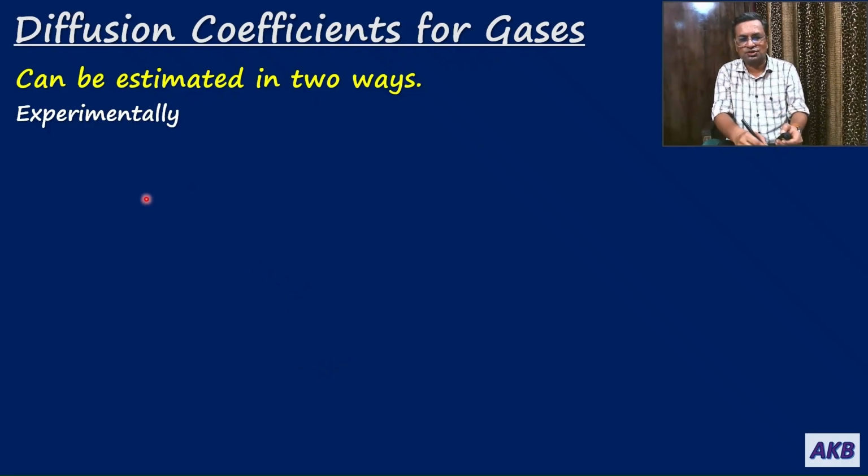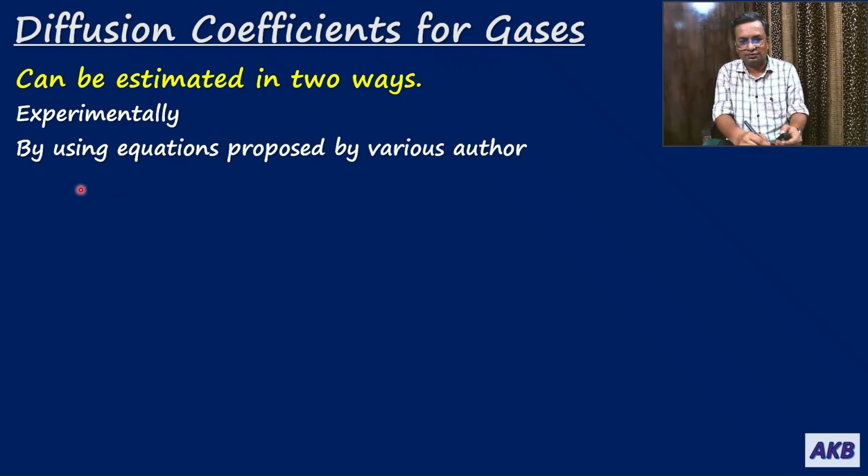So one way is to get diffusion coefficients experimentally, and the other way is you can also estimate those diffusion coefficients by using equations that are proposed by various authors. And in this discussion, we are going to know about these equations. We are going to know a few equations that can be used for determining diffusion coefficients.